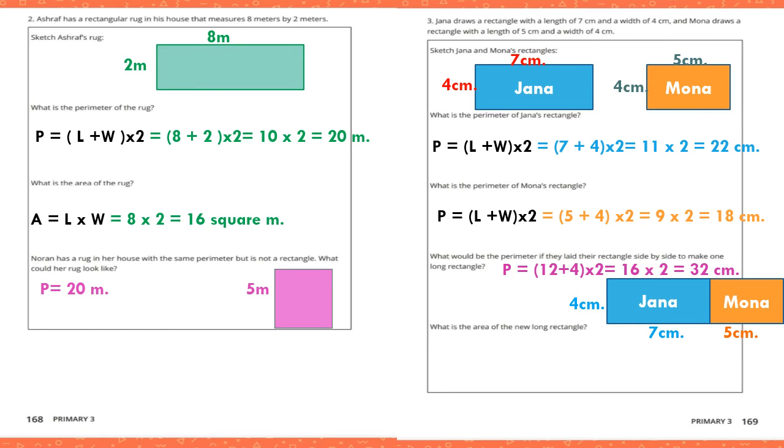It will be 12 plus 4, all times 2, equals 16 times 2 equals 32 centimeters. What is the area of the new long rectangle? We will multiply length times width. 4 times 12 equals 48 centimeters.